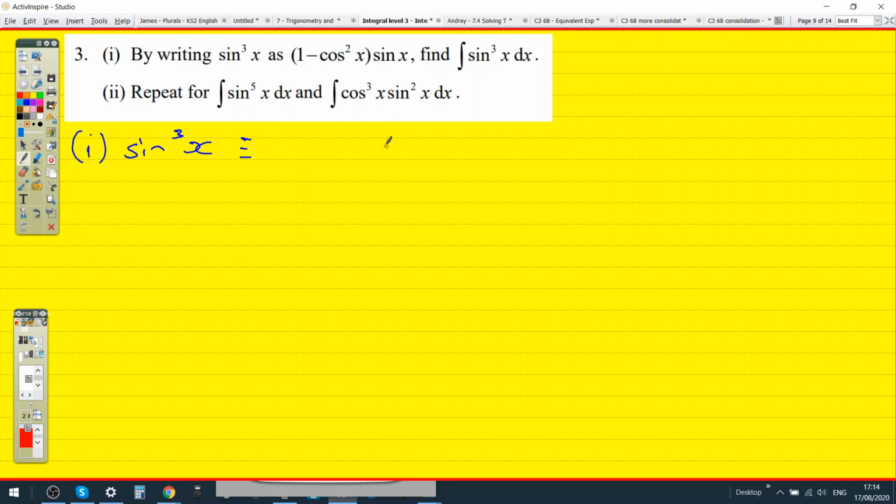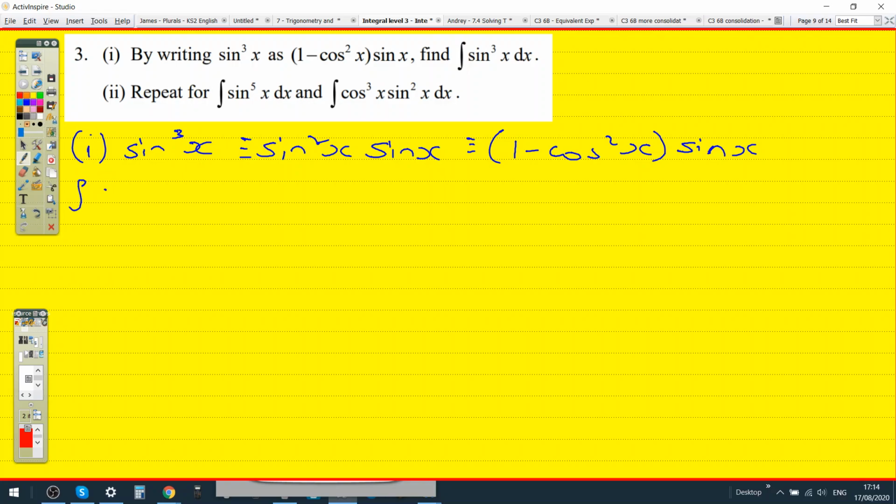Why is that? Because 1 minus cos squared x is equal to sine squared x. So it's a kind of show that type of question, I think. Oh no, it isn't. No, it's just find the integral. Okay. And so how do we go about this one?